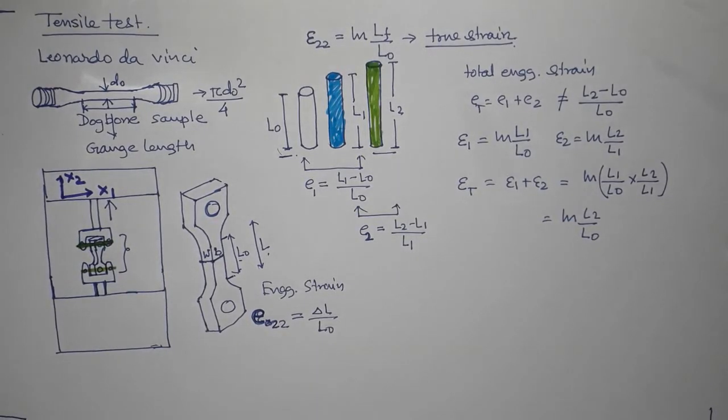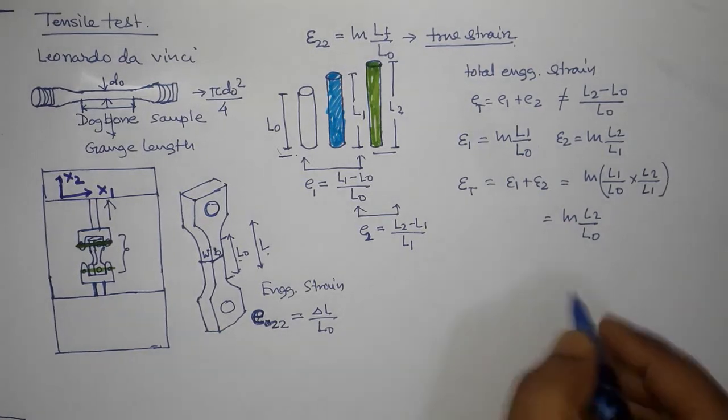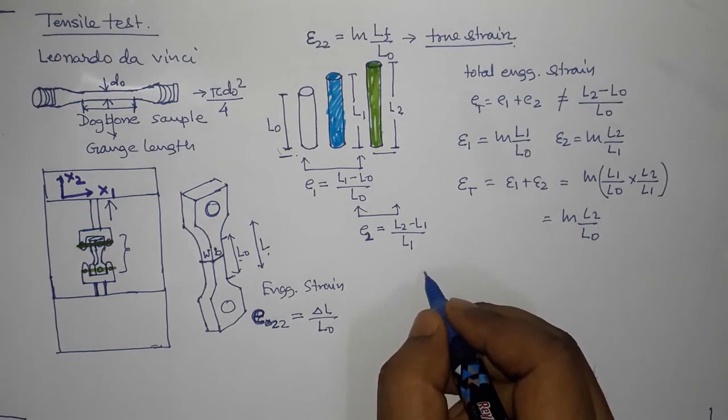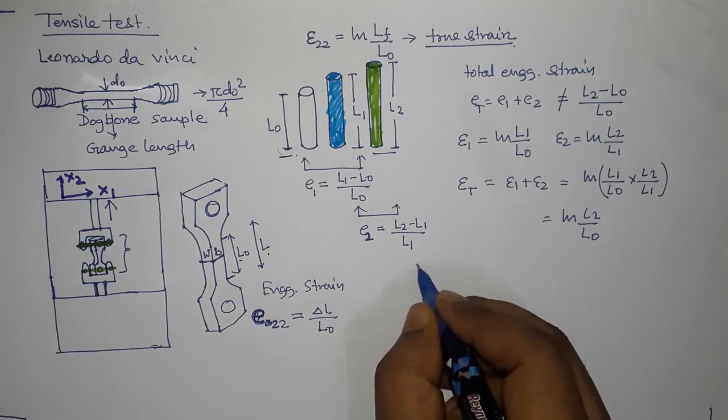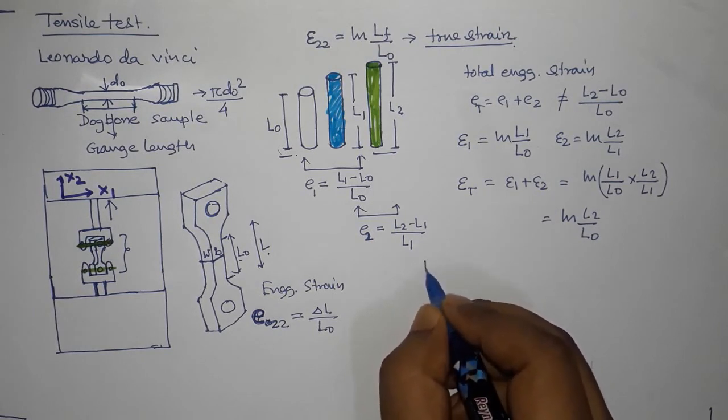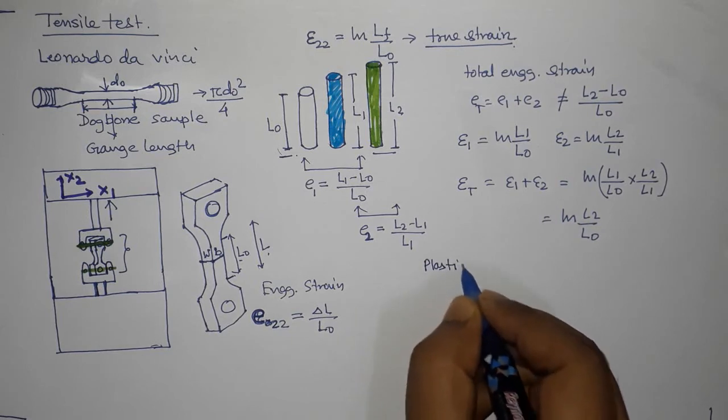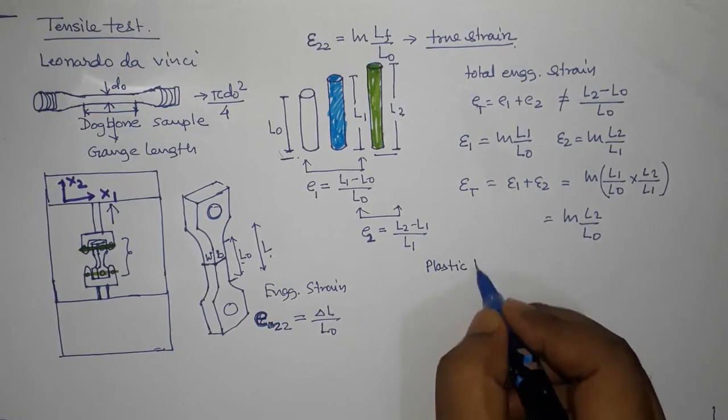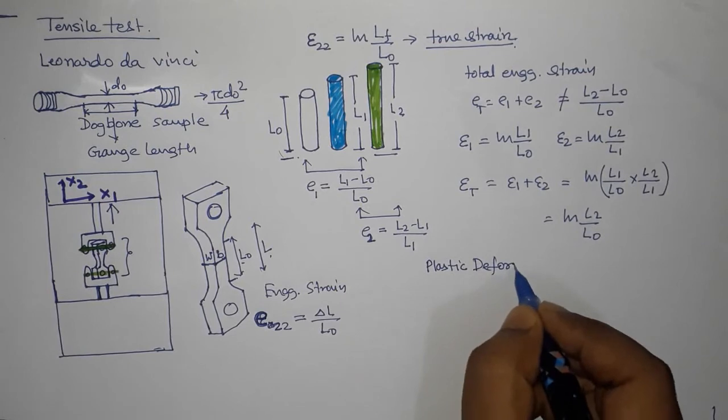Now you can find a relation between true strain and engineering strain, not in the elastic region but in plastic deformation. When the material is deforming plastically, we know that volume is constant.